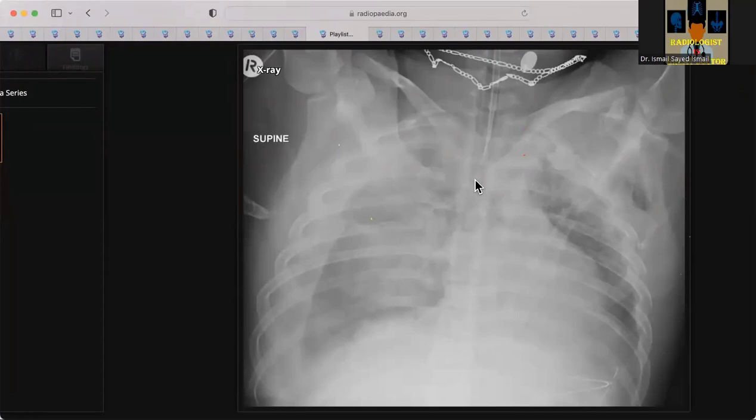collection, I'm thinking of right-sided hemothorax as well as left lower rib fractures. I would proceed directly to it. There are also fractures of the right lower ribs. The lungs appear well aerated.